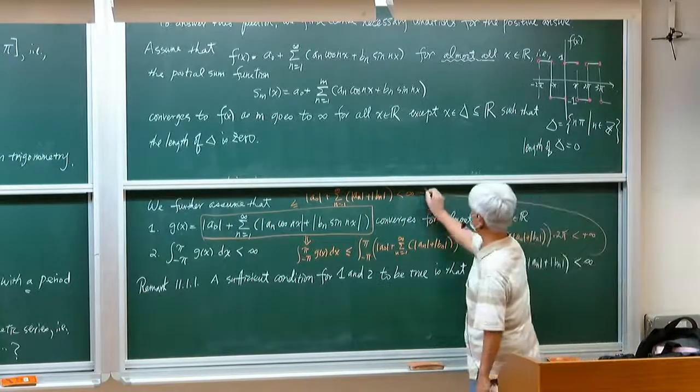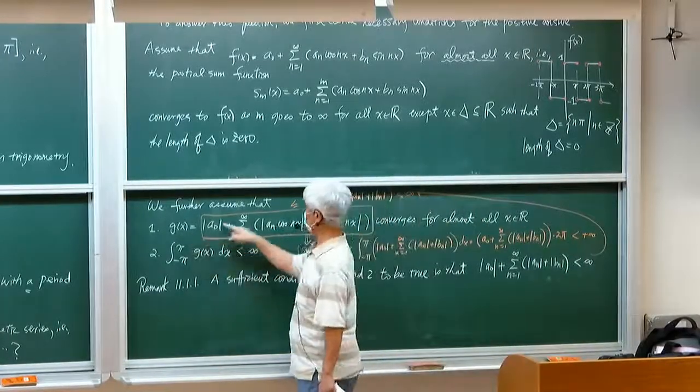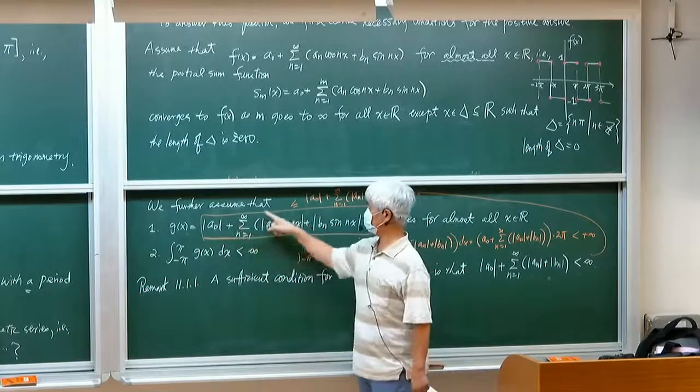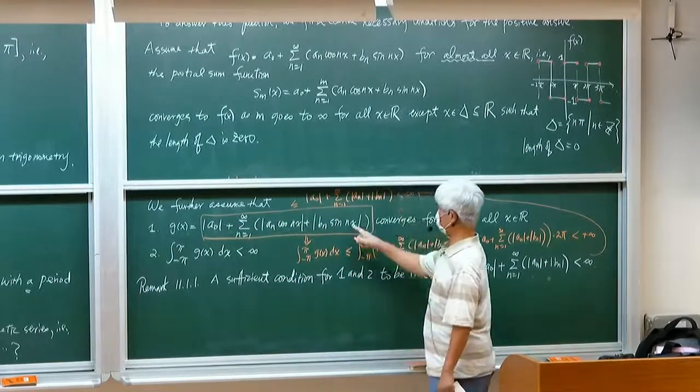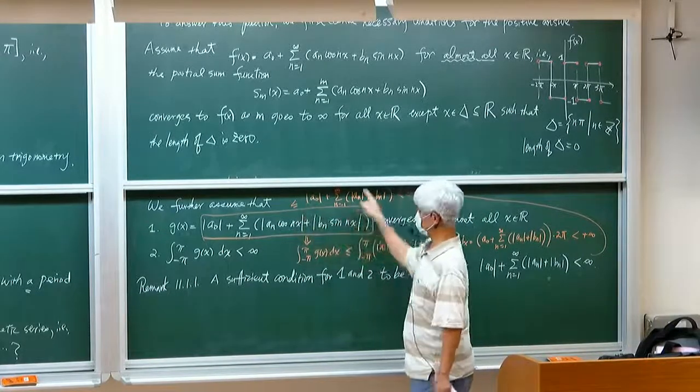So if this is true, then we know g of x, this series converges for every x, and the value is less than this constant.